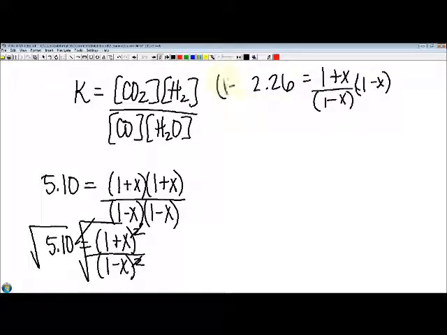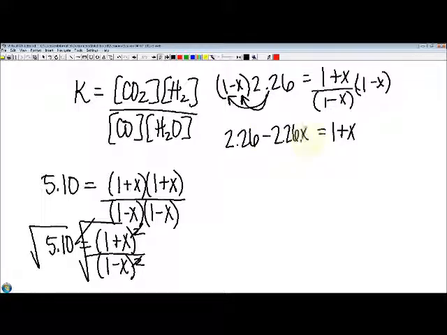Okay, so we have 1 plus x is equal to, distribute this through, so we have 2.26 minus 2.26x. So now we have to get the x's on one side and numbers without x on the other side. So I'm going to subtract 1 from both sides, and I'm going to add the 2.26x just to make it have a positive x, so our answer comes to us faster.